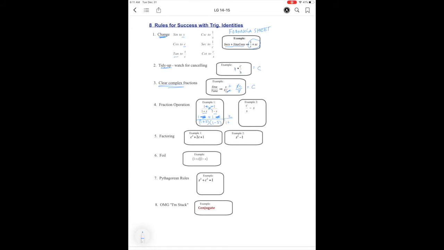These s's take each other out because they're negative and positive. So I get 2 over 1 plus s, 1 minus s. And this is an identity which I'll talk about in a few minutes. This is over 1, so my common denominator is s. So criss and cross, so c minus s squared.